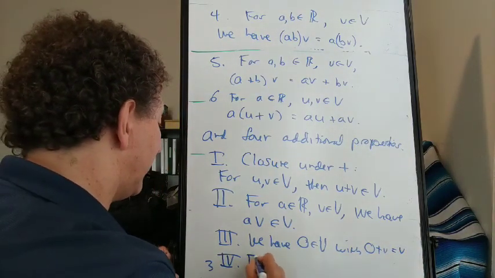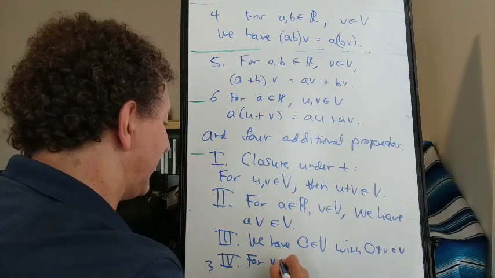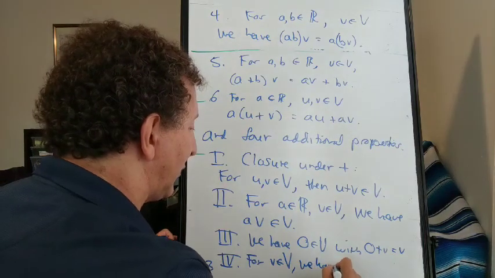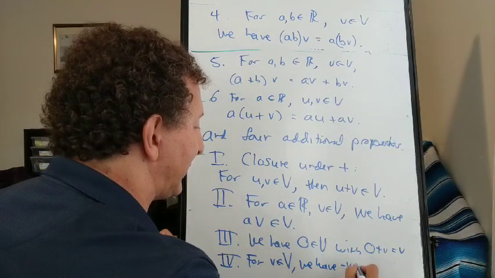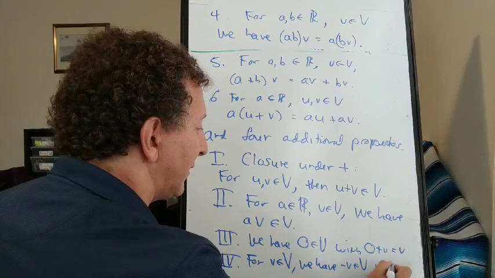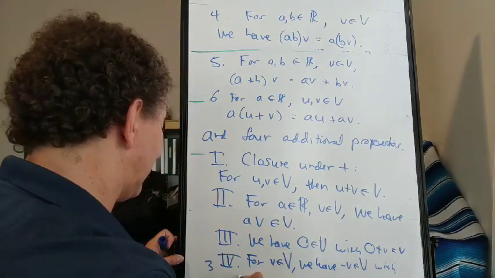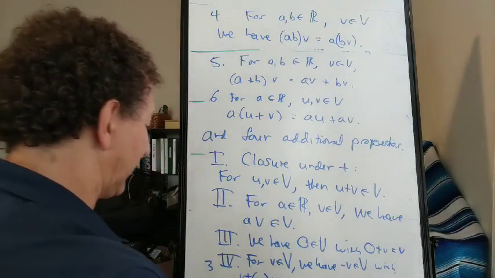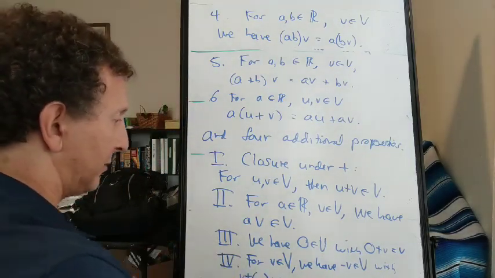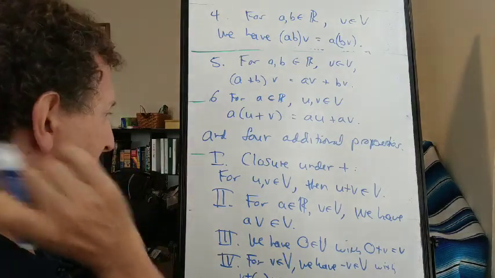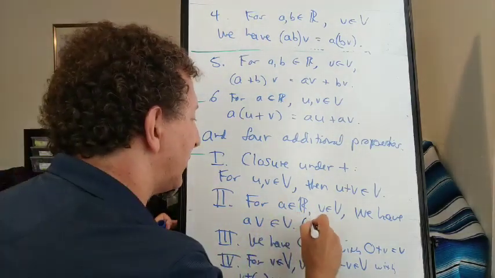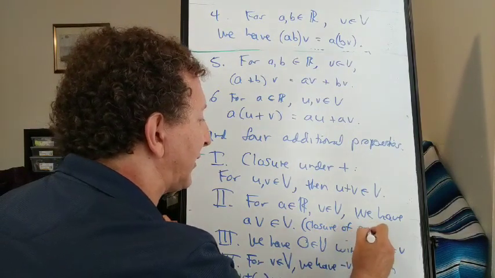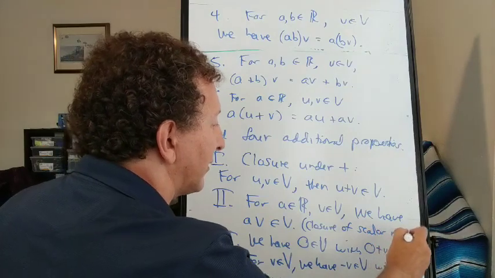And 4, for any vector little v in big V, we have to have a negative v in big V so that we can add that to little v and get 0. So that's also called having additive inverses. And number 2 is closure of scalar multiplication.